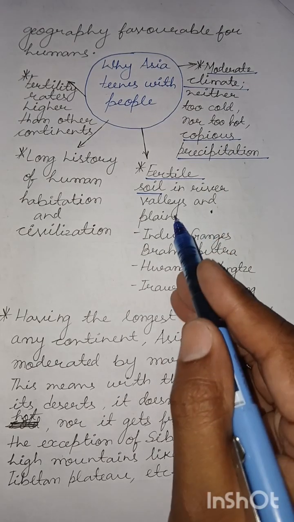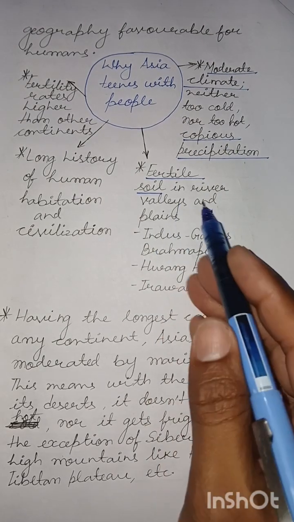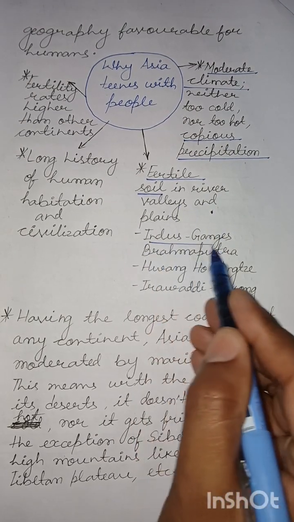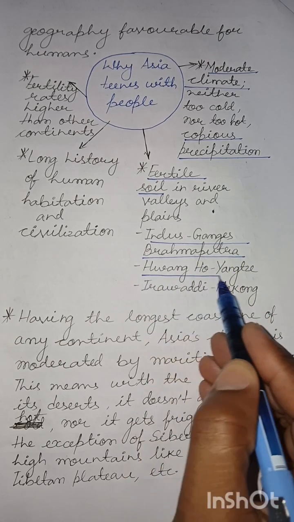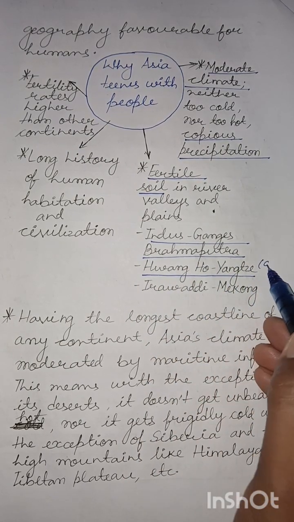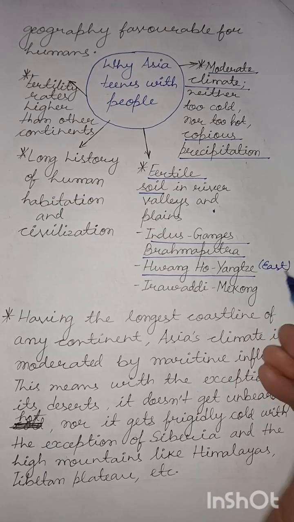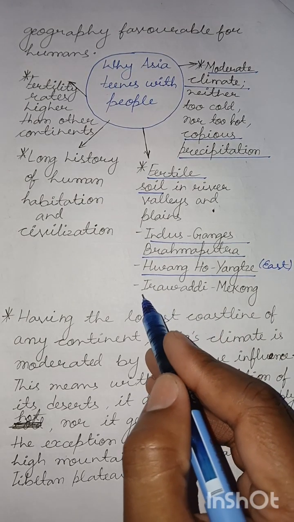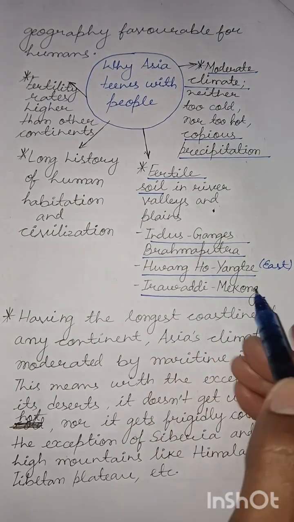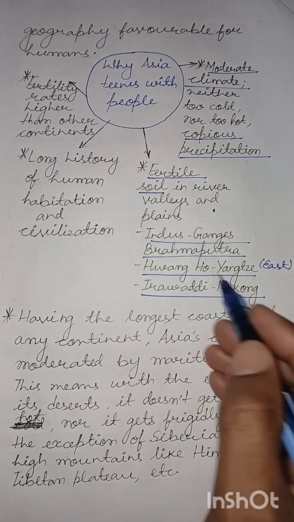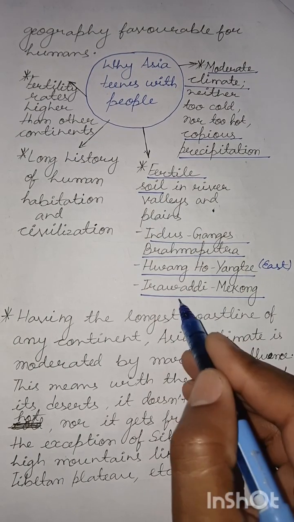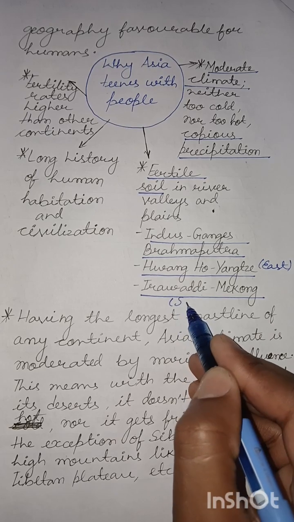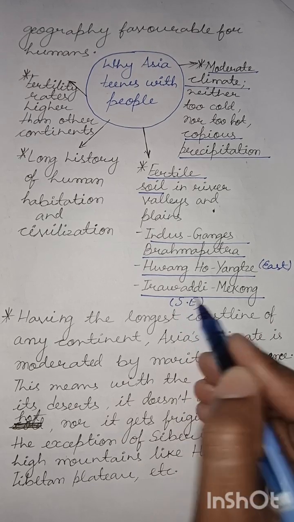Some of the major river systems which flow through Asia are Indus, Ganges and Brahmaputra in South Asia, Hwang Ho and Yangtze in East Asia, in China actually, and the Irrawaddy and Mekong, two separate systems, which flow through Southeast Asia.